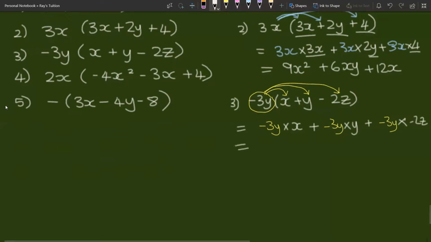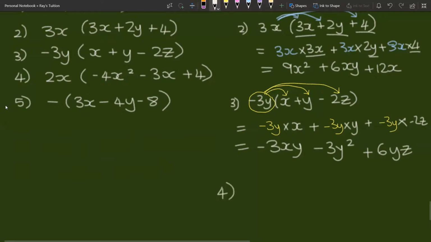Negative 3y times x is negative 3xy, or you can even write yx. yx is the same as xy. Plus, negative 3y times positive y is negative 3y squared. And negative 3y times negative 2z is positive 6yz. Negative times a negative gives us a positive, and y times z gives us yz.